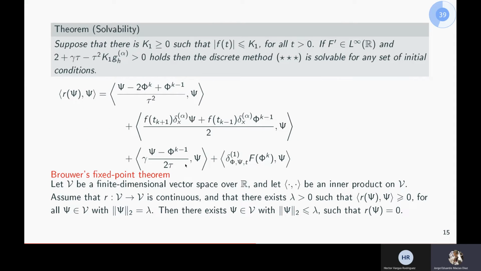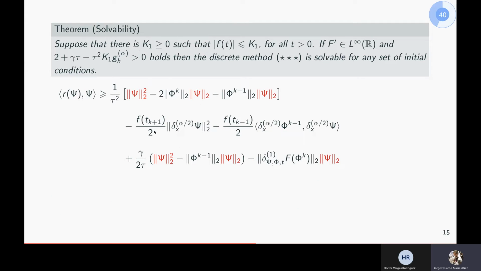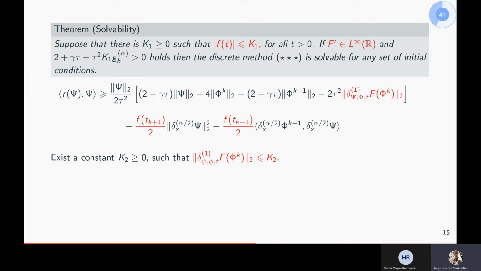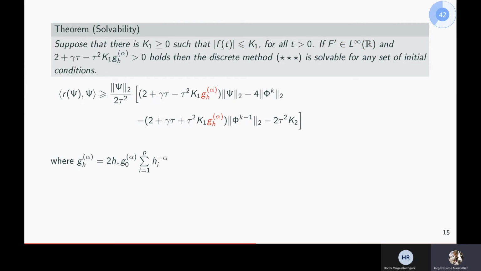We are going to use Brouwer's fixed point theorem. Following this idea, we take the inner product with respect to psi. These are the inner products. We bound from below using Young's inequality. We continue bounding from below. We use the condition of smoothness of the function f.